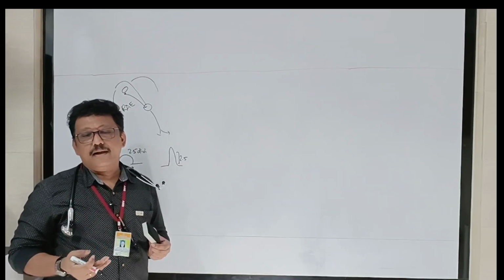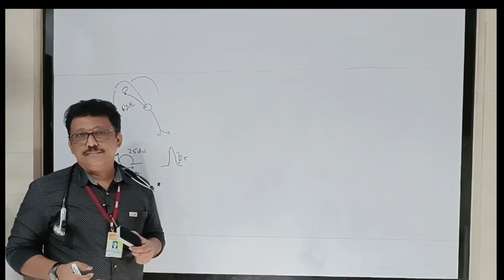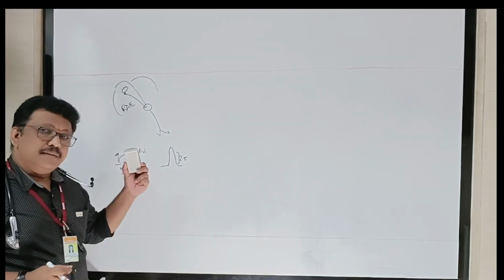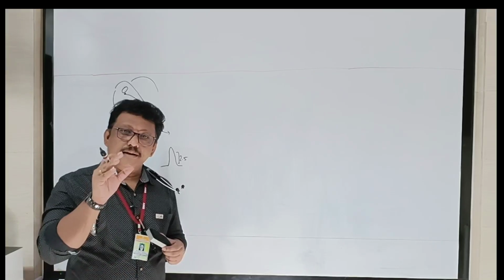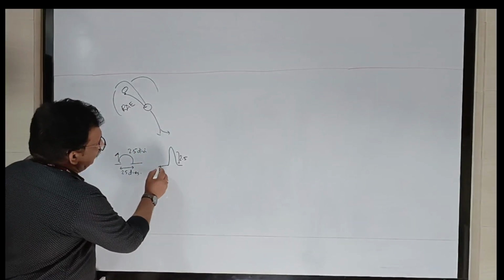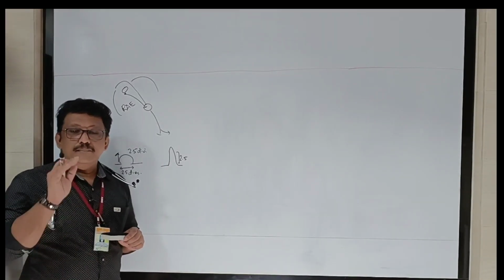So cor pulmonale can be seen in COPD patients, ILD patients, chronic lung disease patients, or acutely in pulmonary embolism also. There are also other cardiac abnormalities with right atrial enlargement where you can see a very tall peaked P wave. This is called P pulmonale.